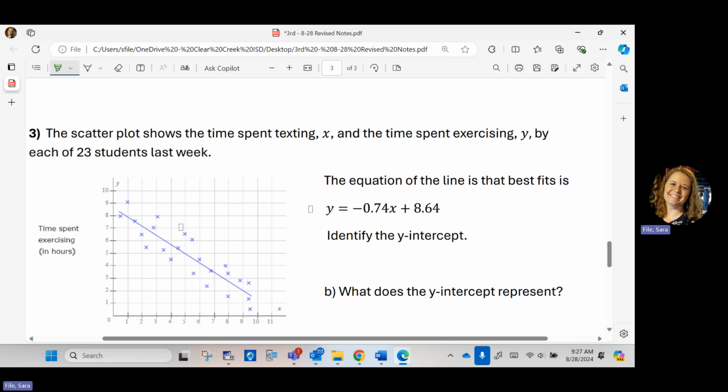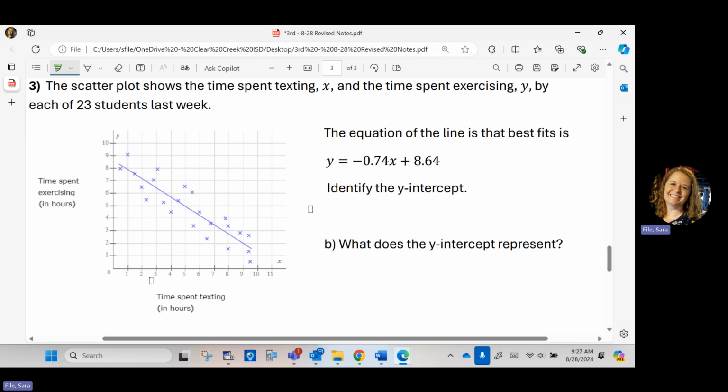So it tells us that this is a scatter plot of time spent texting on the x-axis versus time spent exercising on the y-axis in a week. So over a week, time spent texting versus time spent exercising, both are in hours. They give us the equation and they ask us to identify the y-intercept. So what part of this equation is the y-intercept?